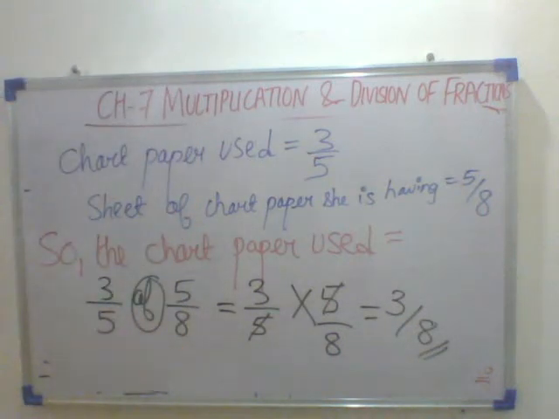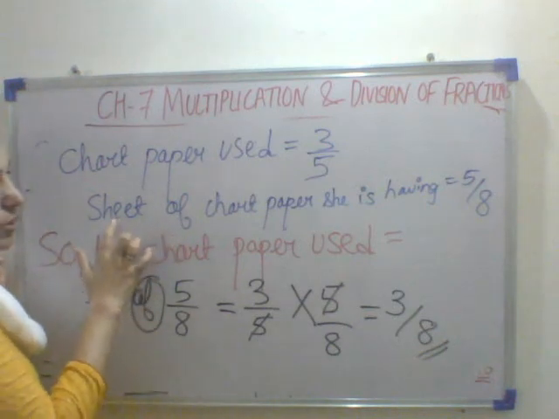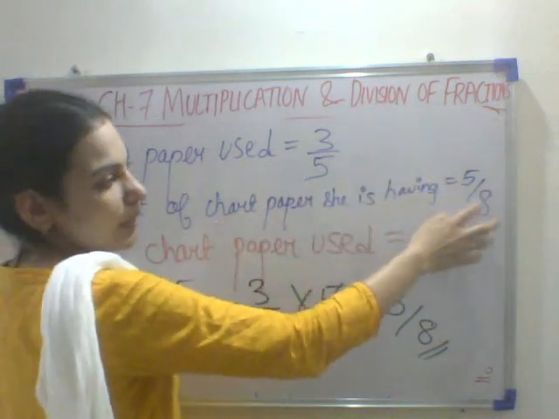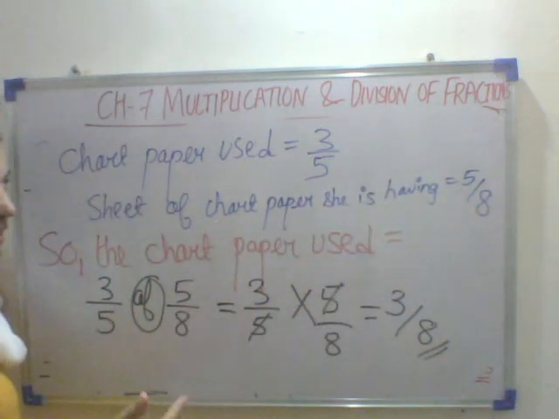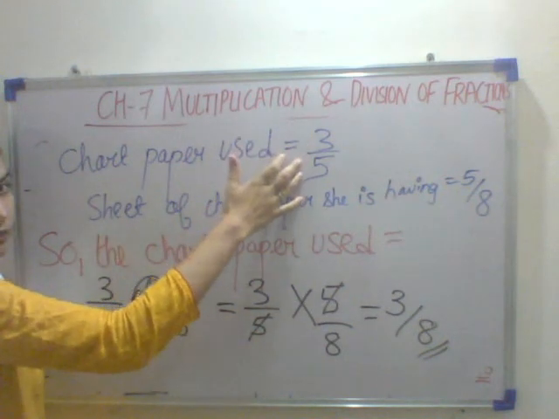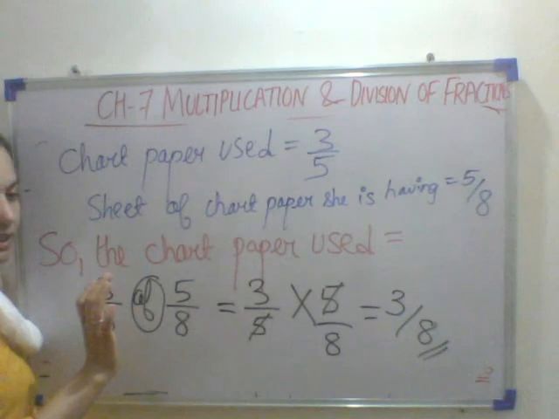So let us revise this question again. In the question it is given that Mrs. Kanshul had 5/8 of the chart paper, and she has used 3/5 of it.